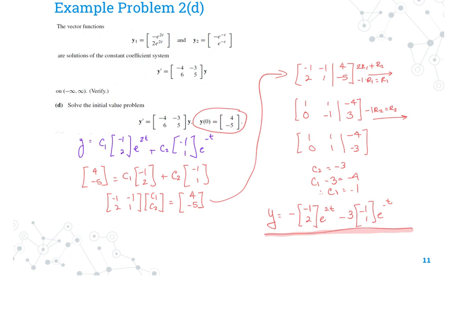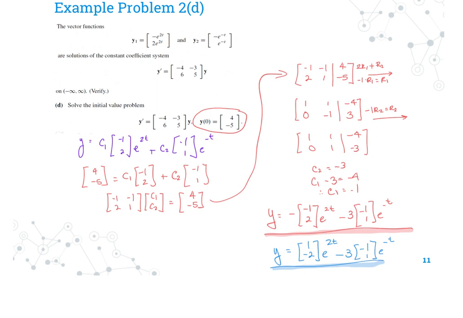If you don't like the negative in the front, you could bring some of those negatives in, so this is just 1, negative 2 e to the 2t, and then minus 3 times negative 1, 1 e to the negative t. That's also a solution. These are all just different forms of the same solution.